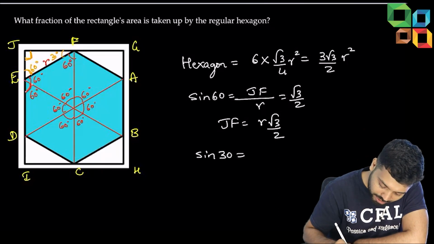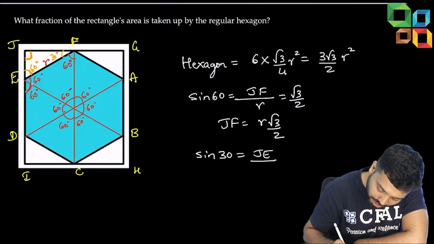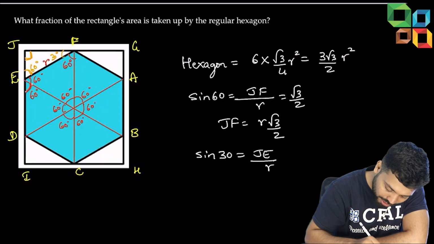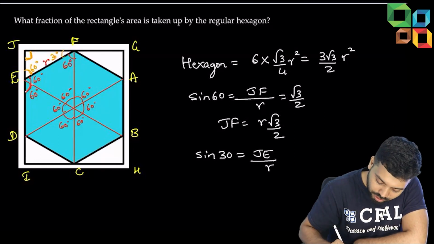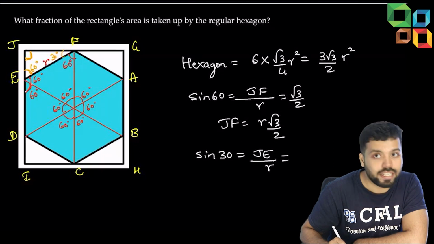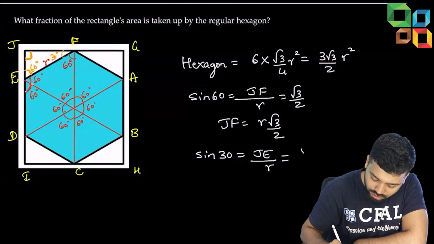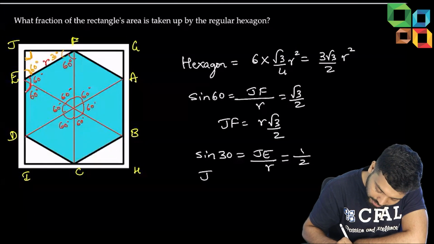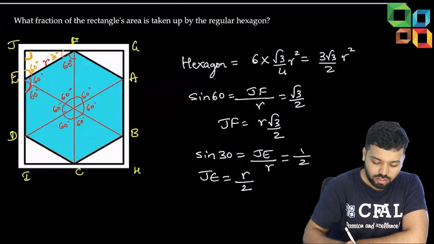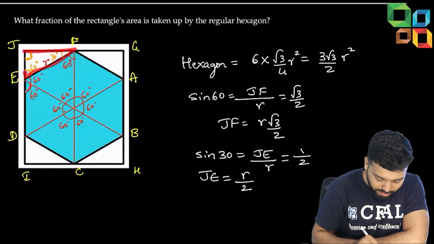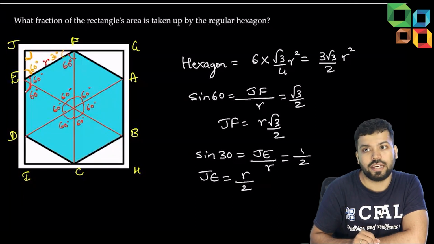Now my opposite is JE and hypotenuse is R. So with sine 30 being half, this implies JE equals R by 2. So what is the area of this triangle? I know JE, I know JF, so I can get the area of the triangle, correct?